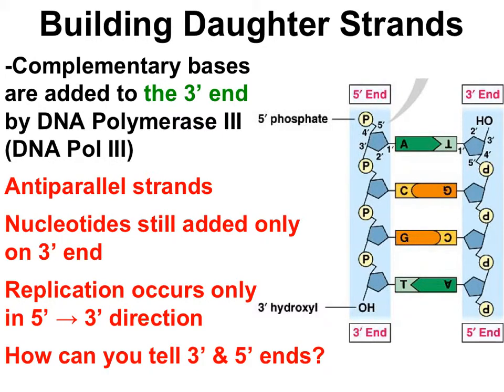This creates a weird scenario for DNA polymerase that can only add new nucleotides on the 3' end of a growing strand. One way that I can tell the 3' and the 5' ends of a DNA is I think of the sound of 5' and phosphate. So the end that has the phosphate is the 5' end.